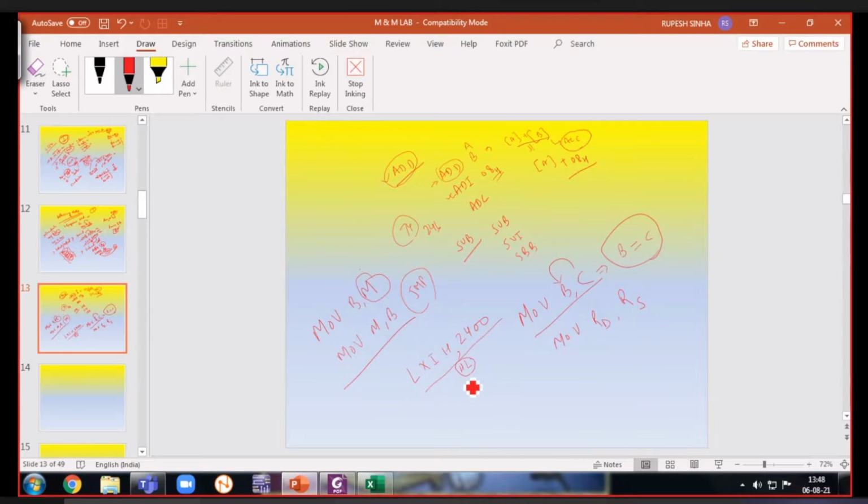This register pair HL will store this value 2400, which is ultimately an address. So for storing any address, we use a register pair, HL pair or BC pair or DE pair. So we can write LXI H, LXI B, LXI D. For storing an address, we can use a register pair, and we have three register pairs.